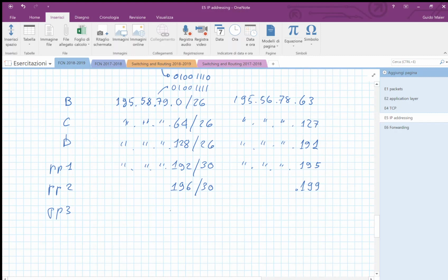Point-to-point 3 will be 200. Point-to-point 4, 204.